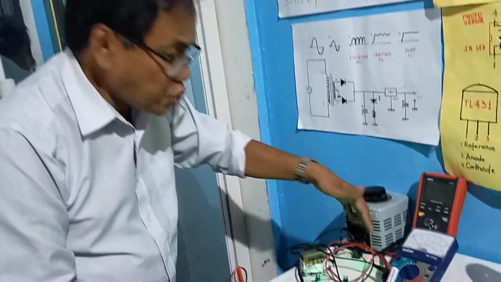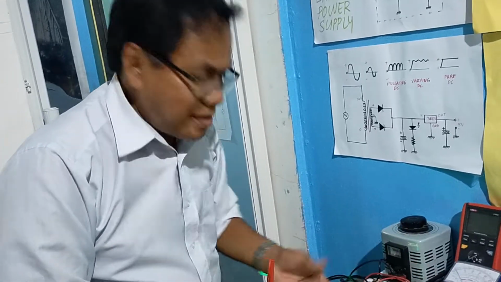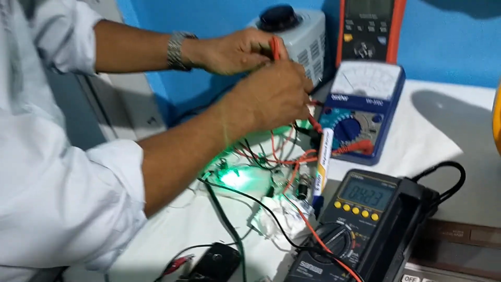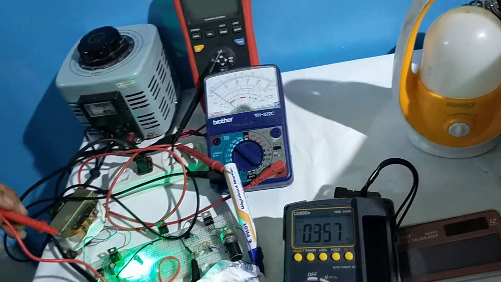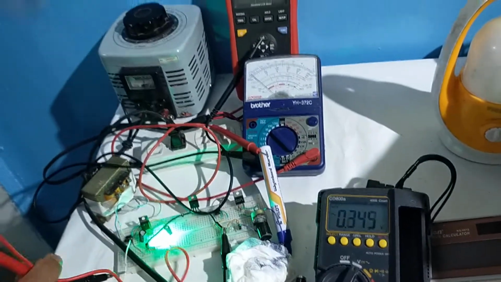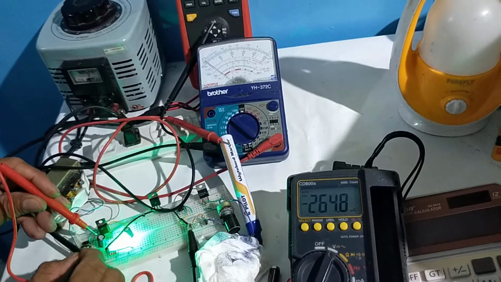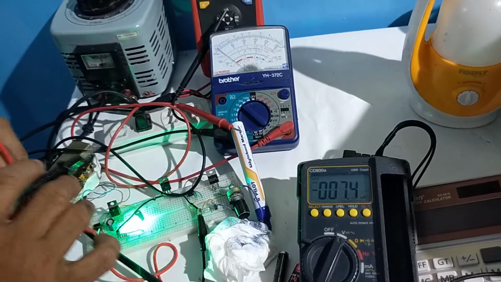Now it is decreased to 210 at the outlet, 205 or 204. The voltage across the capacitor also decreases to 14 volts.